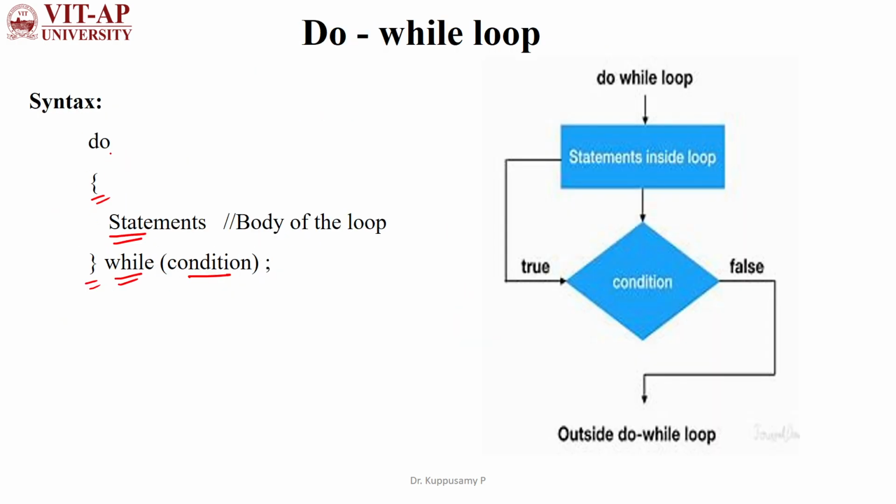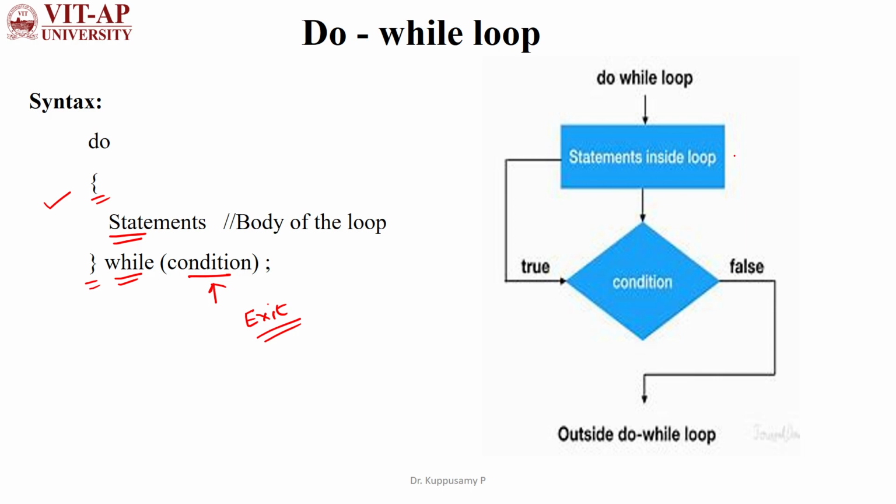In do while, the block of statements first executes once, then only it will check the condition. It is called exit level condition checking, whereas that one is entry level condition checking.